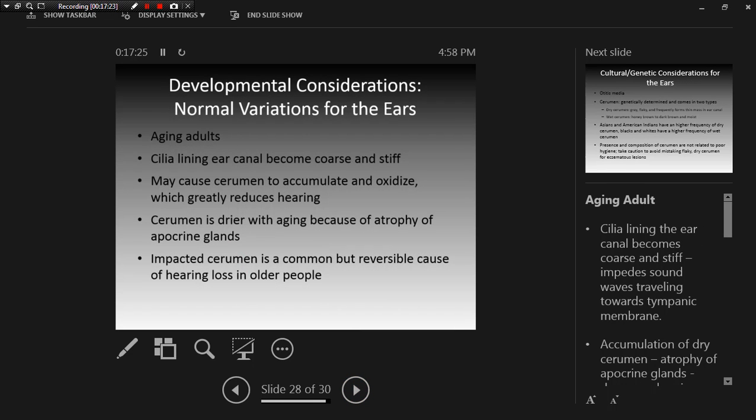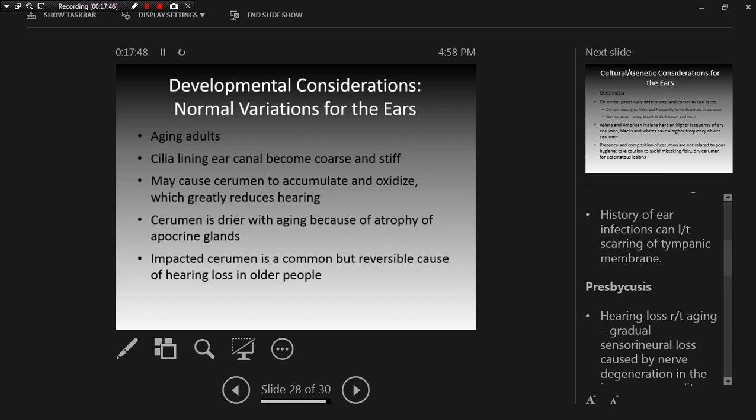Some things to consider with aging adults: what are the normal variations? The ciliary lining within the ear canal can become coarse and stiff. This causes problems with the accumulation of wax, which, if it becomes too dry and impacted, can reduce hearing.